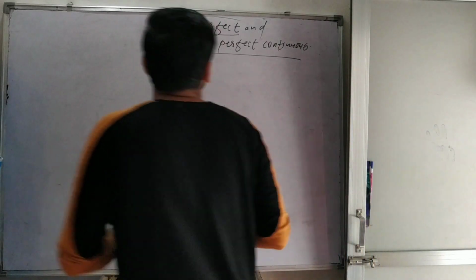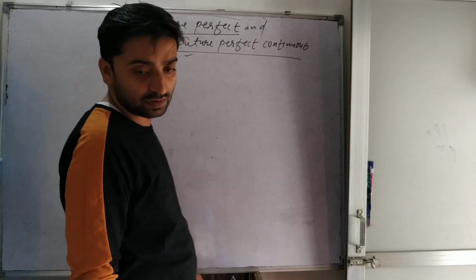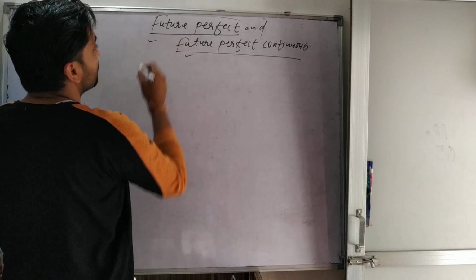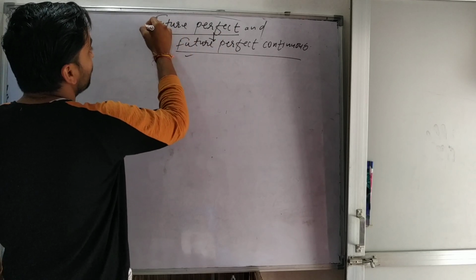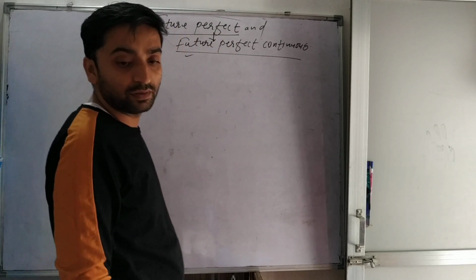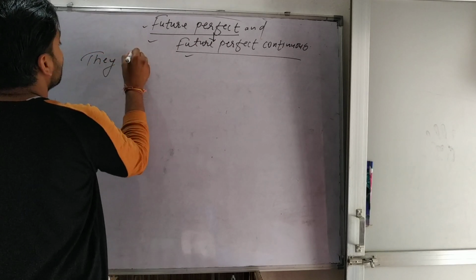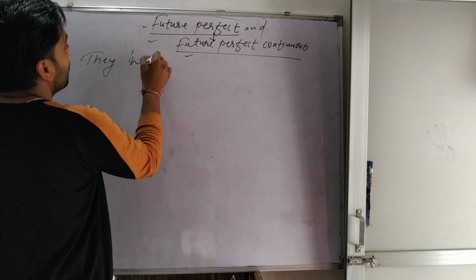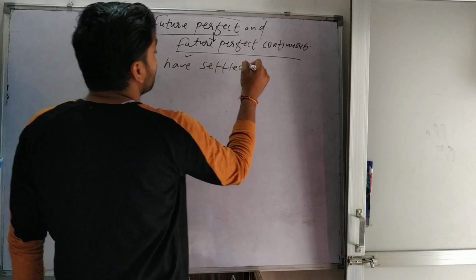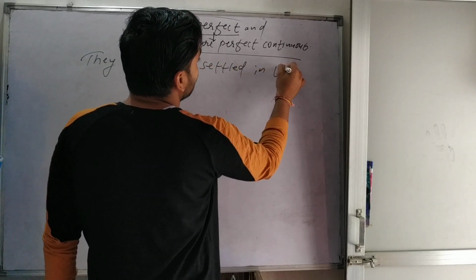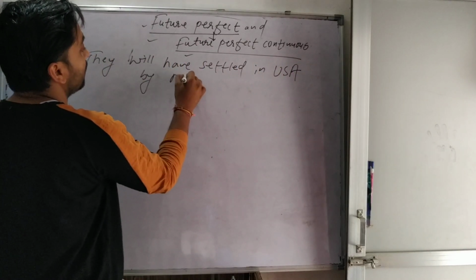Okay, so now let's talk about the future perfect and future perfect continuous tense. They are slightly different. First of all, we are going to talk about the future perfect tense. The examples are more important here. They will have settled in USA by next year.